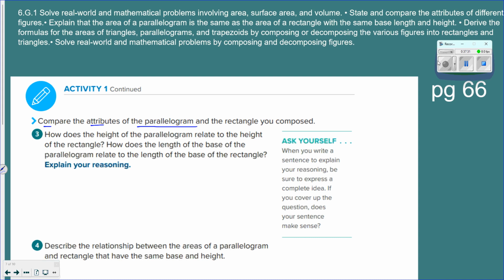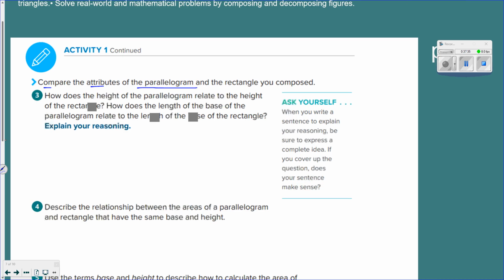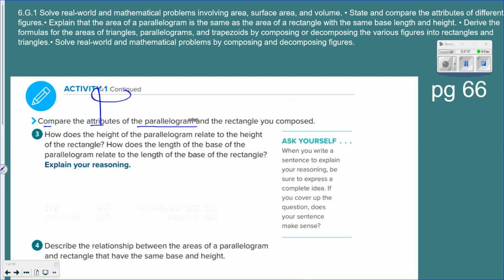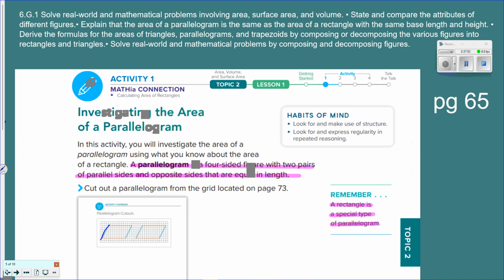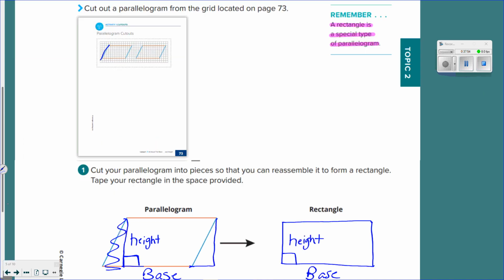How does the height of the parallelogram relate to the height of the rectangle? And how does the length of the base of the parallelogram relate to the length of the base of the rectangle? So again, we were going back to this page and looking at the parallelogram we started with compared to the rectangle we made.